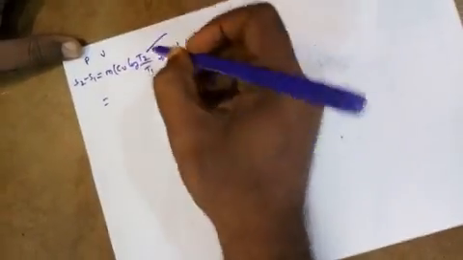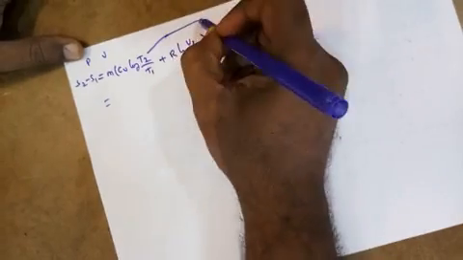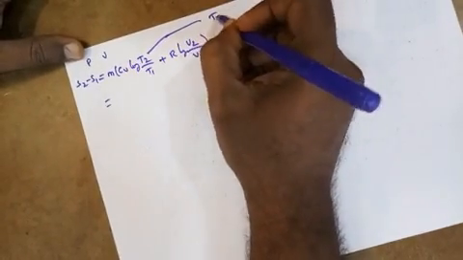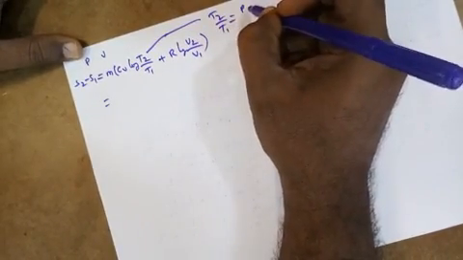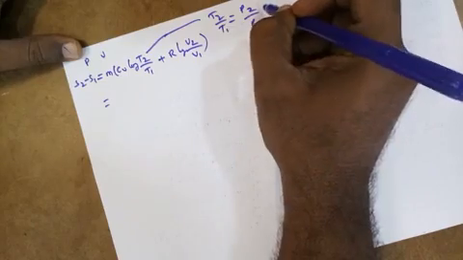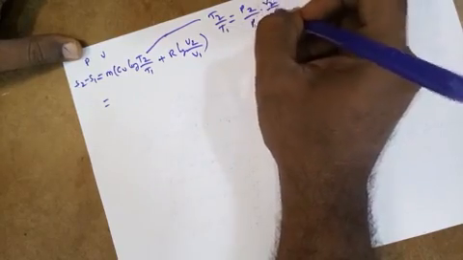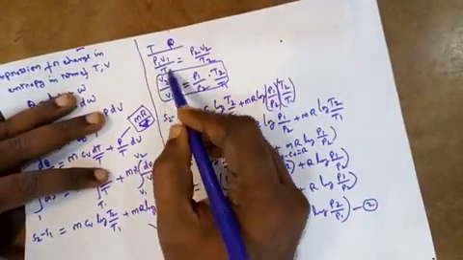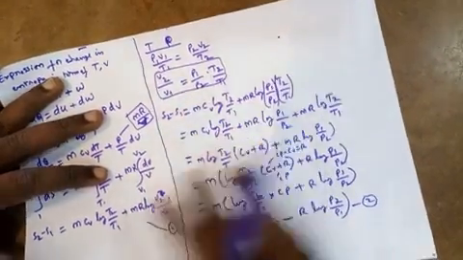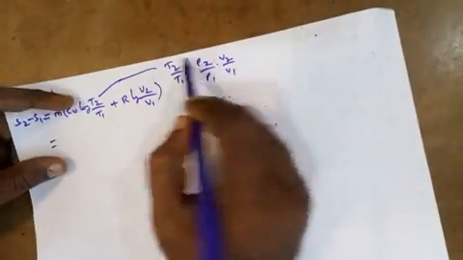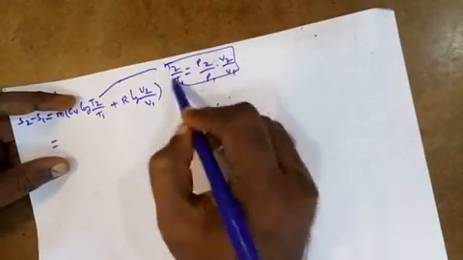You can change T2 by T1 as P2 by P1 into V2 by V1, like this. Here we modify this, that is P1 V1 by T1 is equal to P2 V2 by T2, and from that you derive this equation.